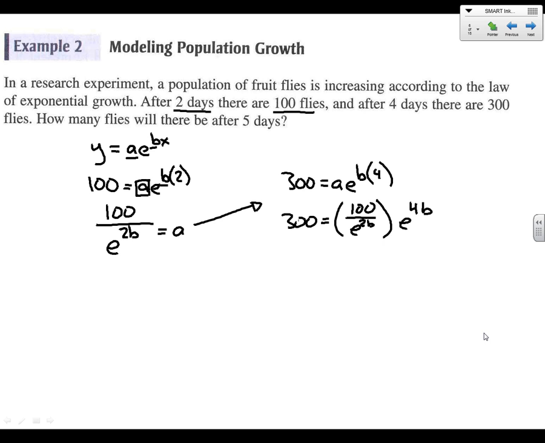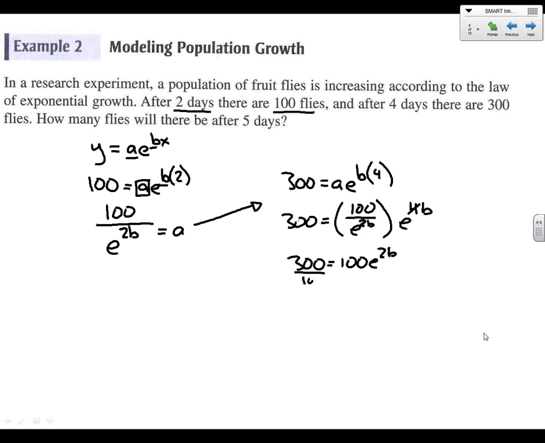And so if we divide here, 4b minus the 2b, we'll have 300 equals 100 times e to the 2b. Remember, this is just 4 of those and 2 of those, so we'll go 4 minus 2. Rules of exponents.